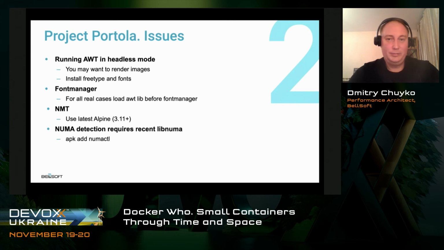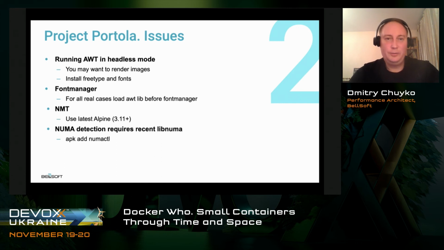The outcome binaries, they do have their own peculiarities. Like if you run in headless mode and do some off-screen rendering, it won't probably work out of the box because you'll need to install additional packages like FreeType and the fonts you need.